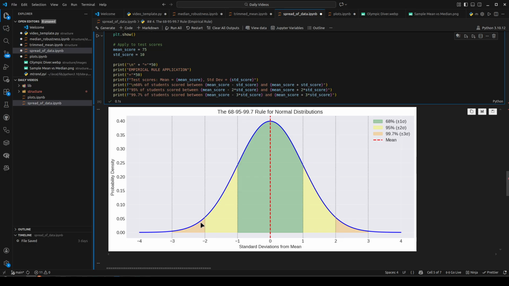Now, if we move to 2 standard deviations, at that point we cover 95% of the data. And by the time we reach 3 standard deviations, which is over here, we will see almost the entirety of the data. And then anything past that, we can consider to be extreme outliers.